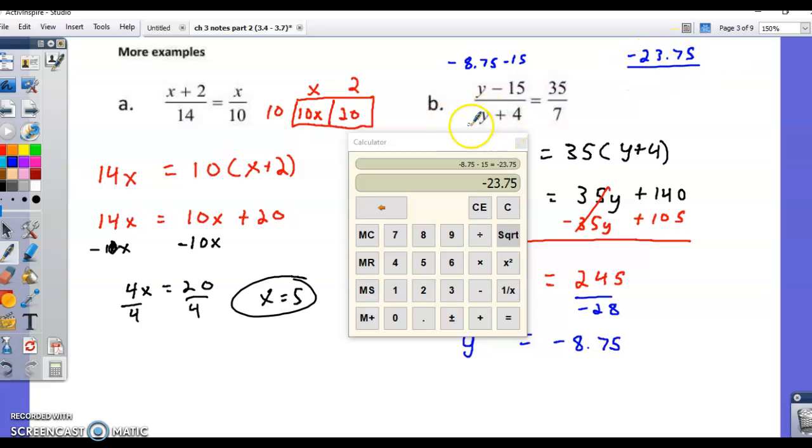And if I put the negative 8.75 in for this y, I get negative 8.75 plus 4. That gives me negative 4.75. All right, and then if I divide these two, I should get the same answer.